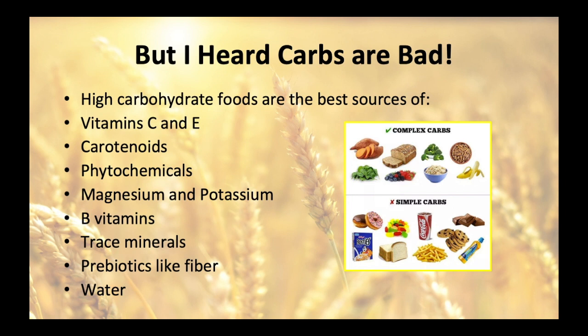And bad carbohydrates are the ones that don't look like you would find them either at a farmer's market, a farm stand, or grown in a field. These are things like chips, crackers, cookies, desserts made from sugar. These are what we call bad carbohydrates. They digest quickly, and they can promote chronic illness.